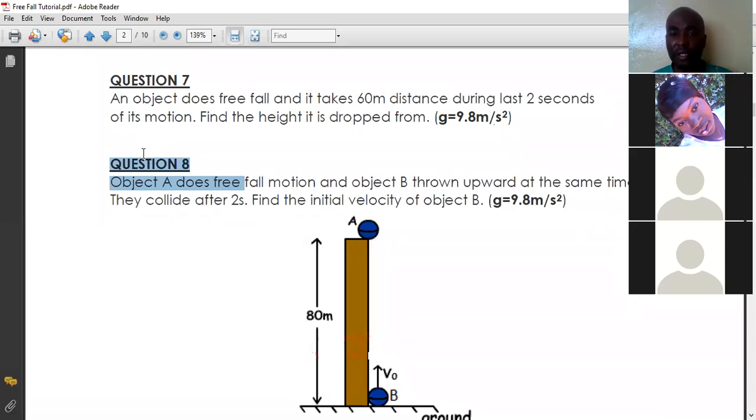So to conclude, acceleration is constant. It doesn't matter when you are asked, the acceleration will always be 9.8 meters per second squared downwards. Then the velocity is always decreasing when you throw something up. Even when you throw it down, it's always decreasing. It decreases until the highest point.